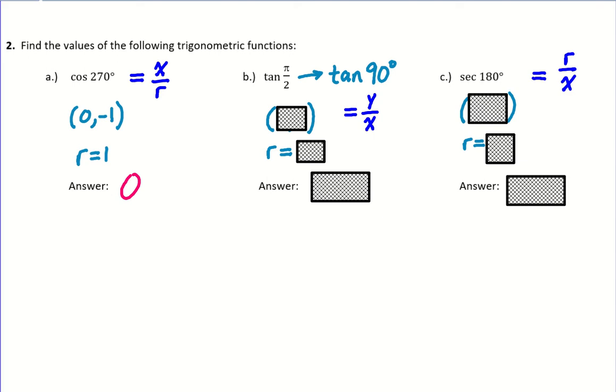You're going to lose a lot of points. So you definitely need to know, for example, that the cosine is x over r.